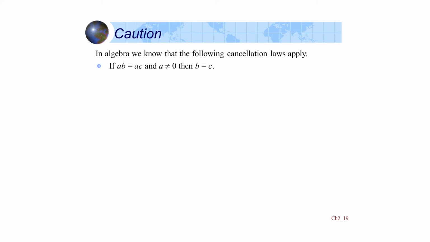So this is a caution about this common mistake when you do exams, quizzes, and during your study of linear algebra. Please take care about this problem. This is not true for matrices.